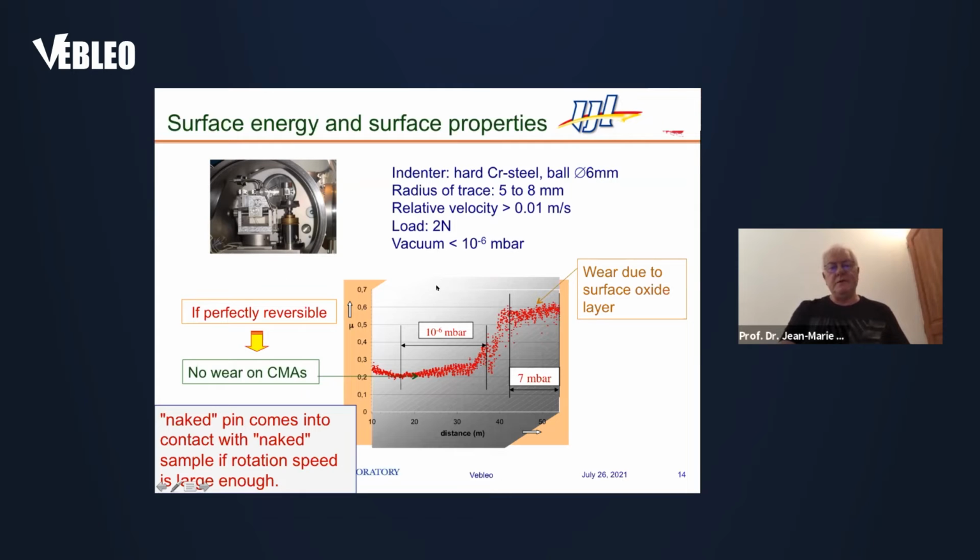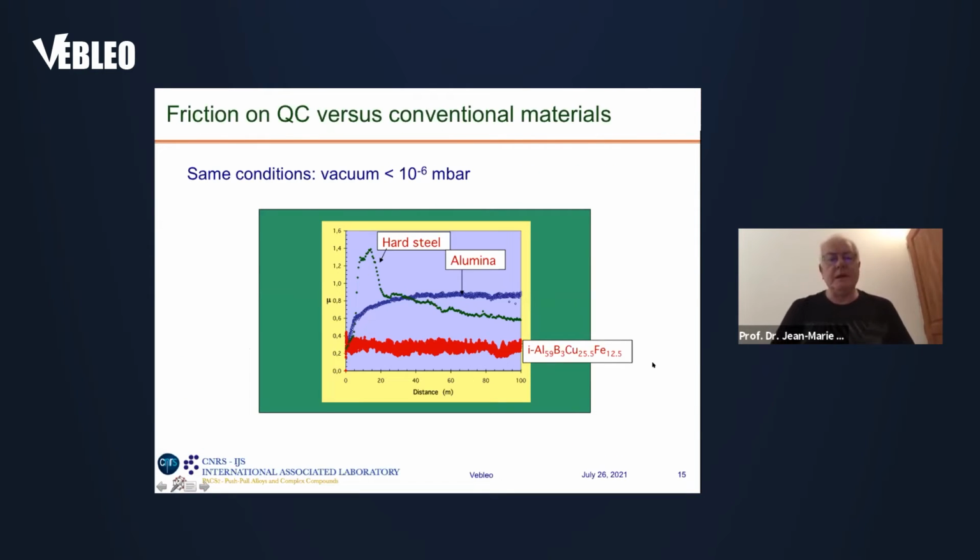And if I evacuate the chamber down enough in pressure so that after a few rotations, the naked pin comes into contact with the naked sample when the native oxide has been removed by abrasion, I see this low friction of the quasicrystal. I'll show you in the next slide how different it is from conventional materials. But of course, if I reintroduce oxygen in the chamber, then tribooxidation plays the major role.